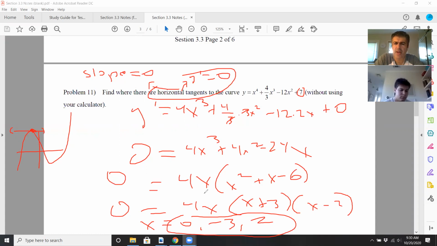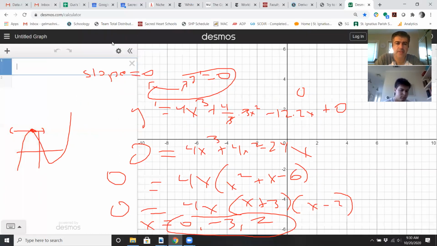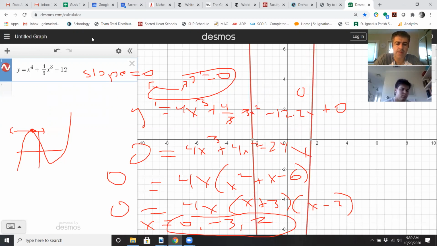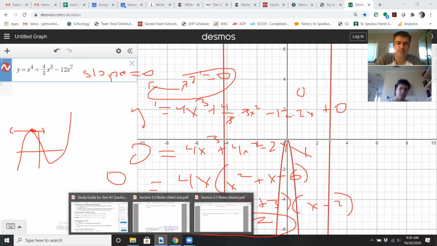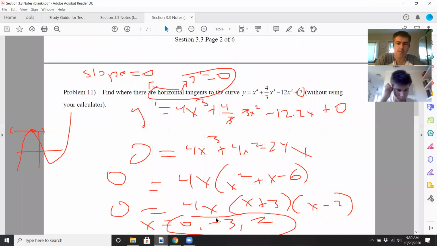Okay, so x to the 4, 4/3 x cubed. Hold on a sec. So y equals x raised to the 4 power plus 4/3 x cubed minus 12x squared plus 7.